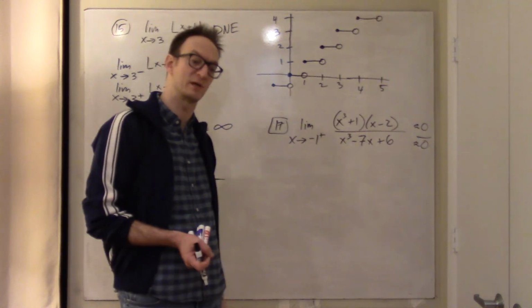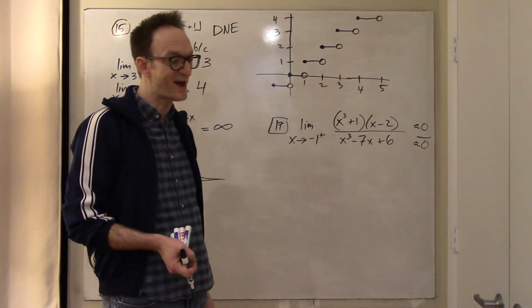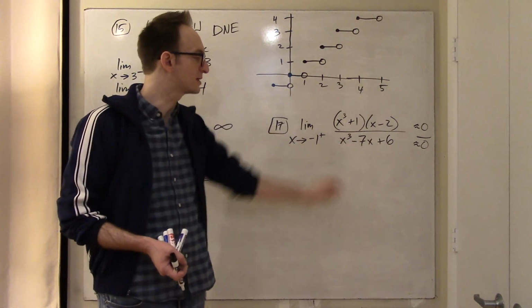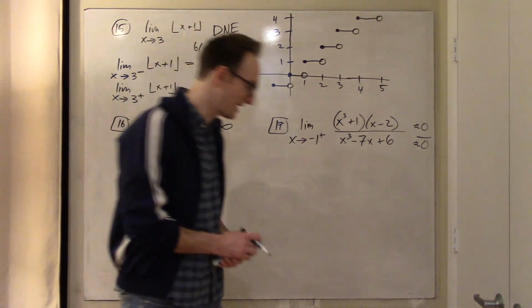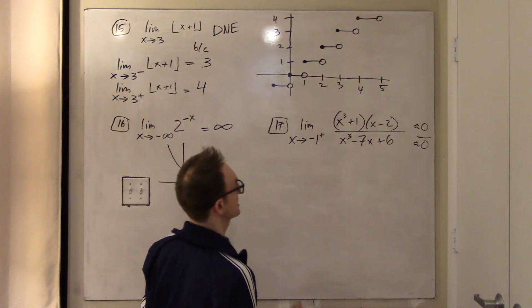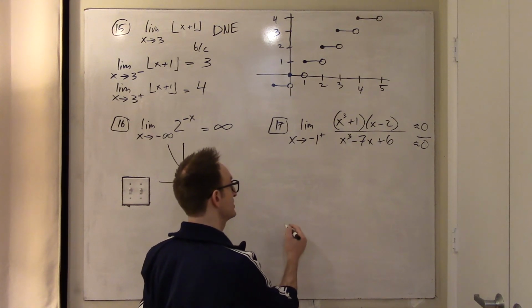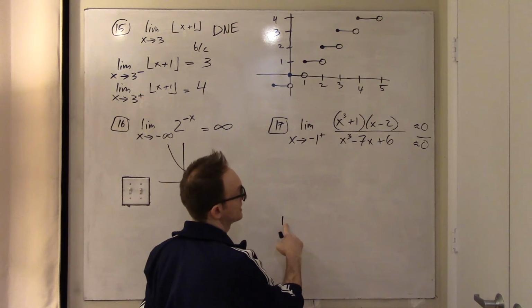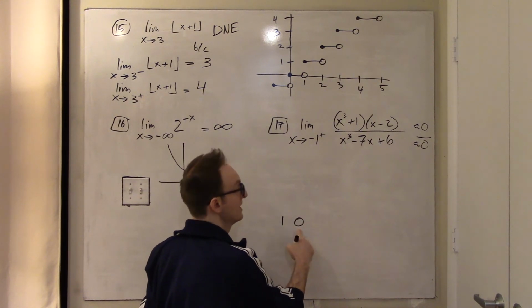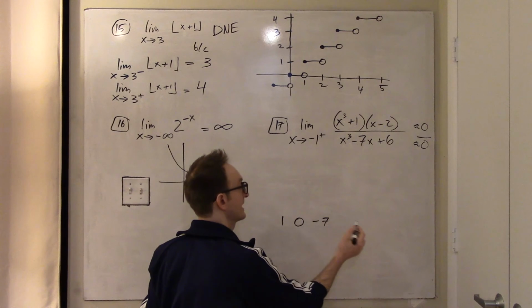And if negative 1 is a root of this cubic, then we know by the factor theorem that x plus 1 is going to be a factor. And therefore, we should just try to factor that denominator, and actually we will just succeed. How do I do this again? Cubic coefficient is 1, quadratic coefficient is 0, that's -7, and that's 6.